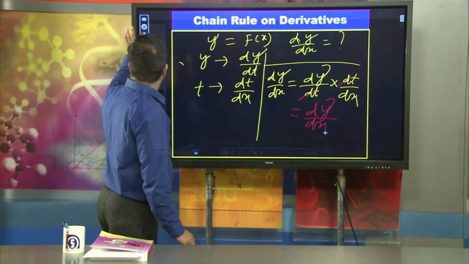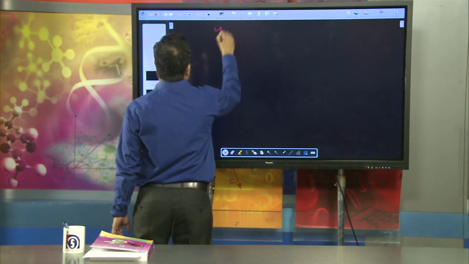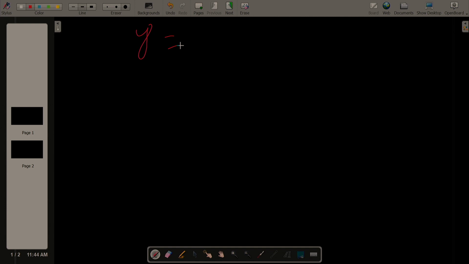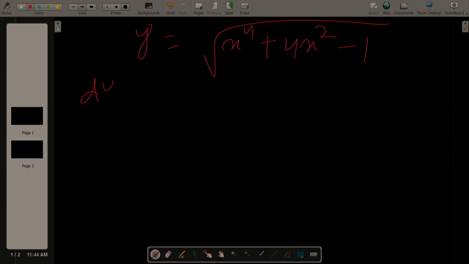One example we can take. Suppose the function is y equal to square root of (x^4 plus 4x square minus 1), and we are going to find dy by dx.